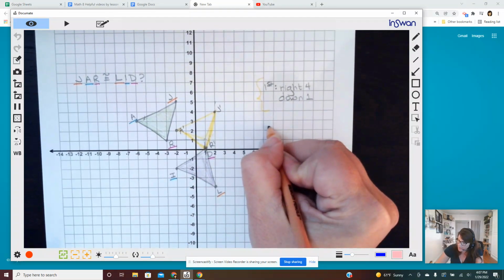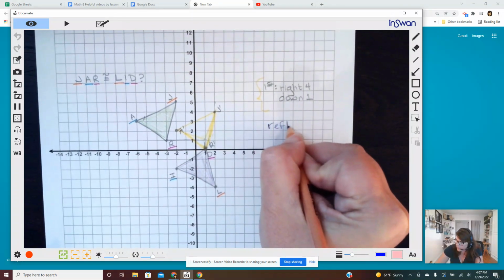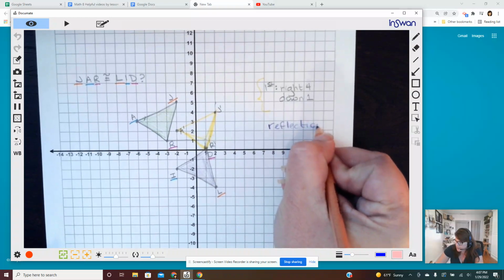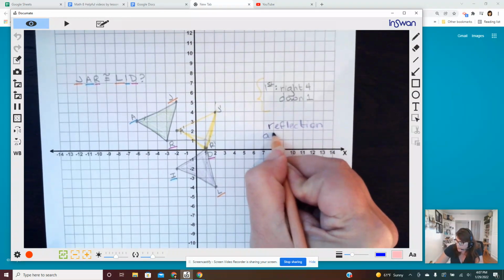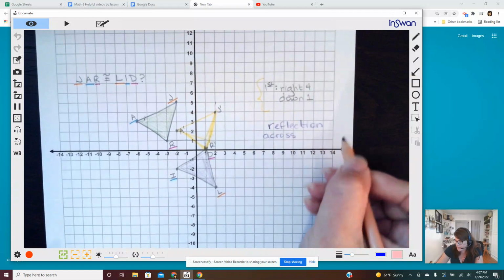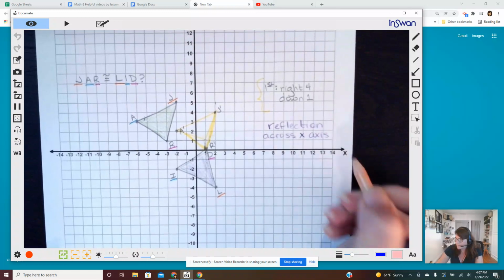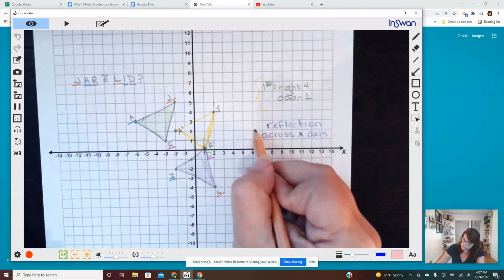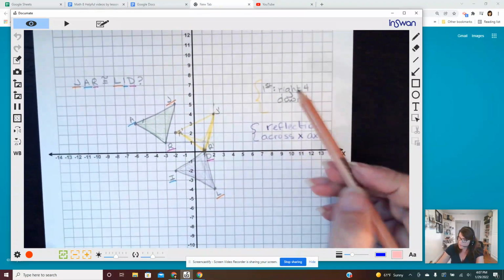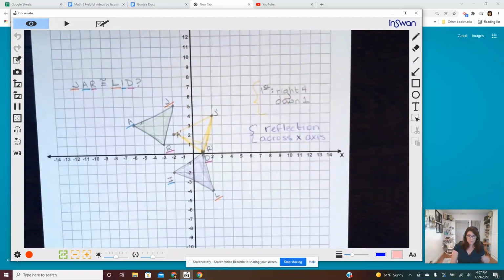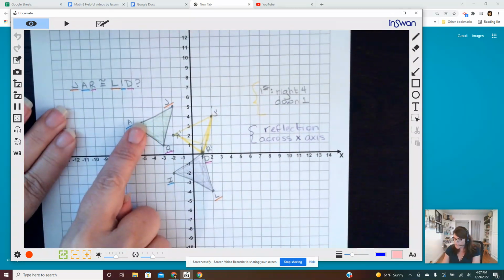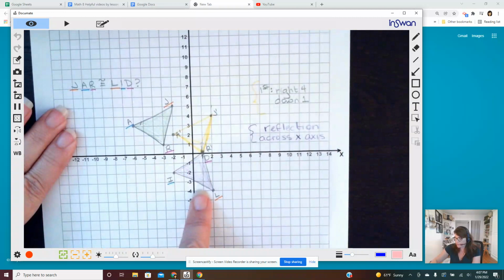So then we did a reflection across, and you always have to say which axis, the x-axis. So by doing a translation and then a reflection, this triangle was able to flip to the spot of this triangle.